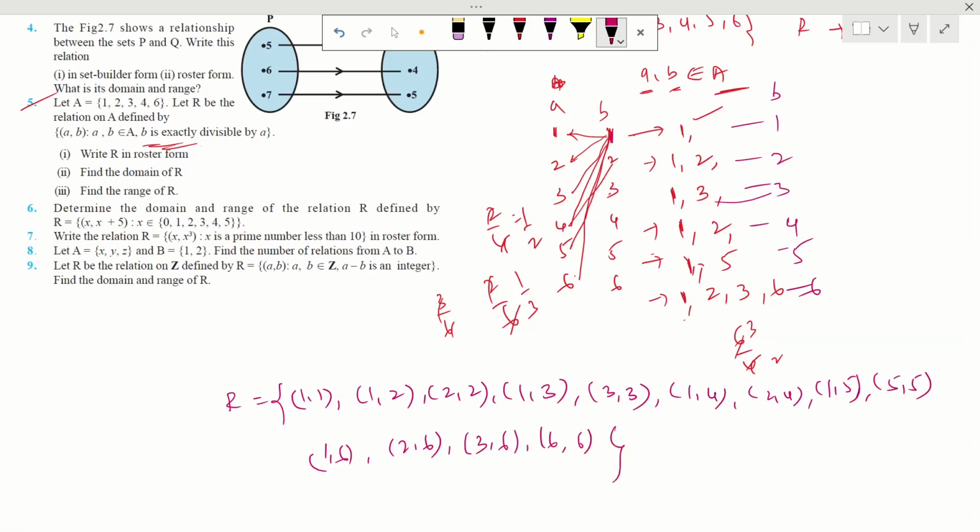So this is the relation we got when B is divisible by A.